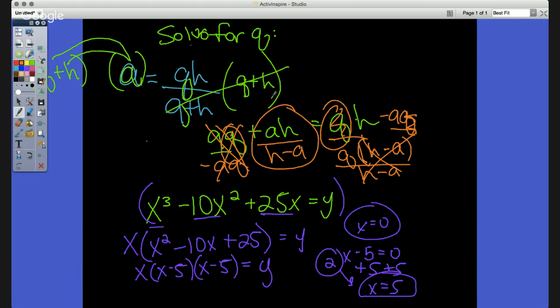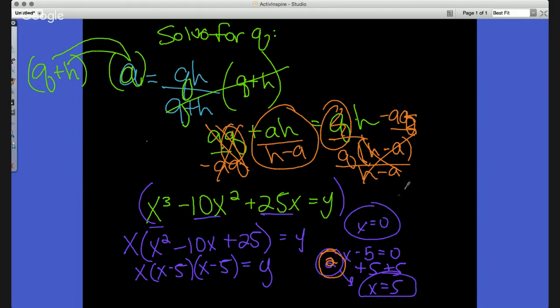So if you have multiple of them, that's where multiplicity comes into effect. The multiplicity of this would be 1, because I've only got 1. Now, if this was x squared, which it's not, then it would have a multiplicity of 2. So my multiplicity of 0 would be 1. The multiplicity of the x-intercept of 5 would be 2.